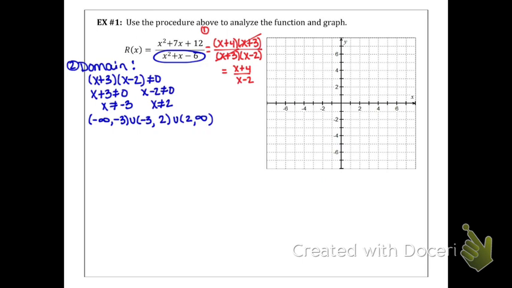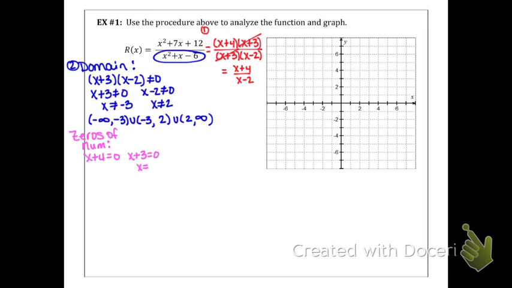All right, step 3. So in between step 2 and 3 is where I said I'm going to go find those zeros. So I'm actually going to do that here instead of step 3. So I'm going to find the zeros of the numerator and the denominator. For the numerator, we're going to set our factors, the x plus 4 and the x plus 3, equal to 0.